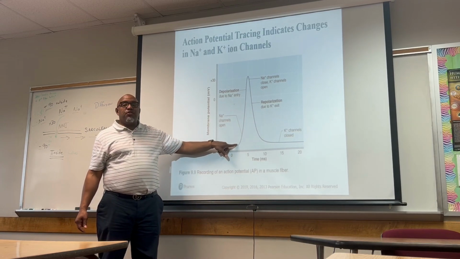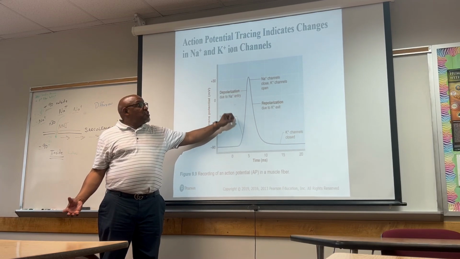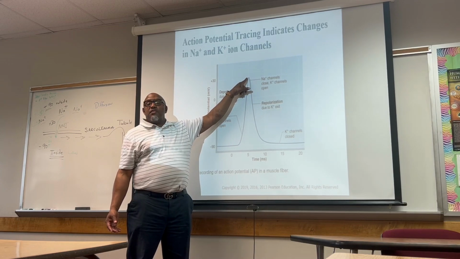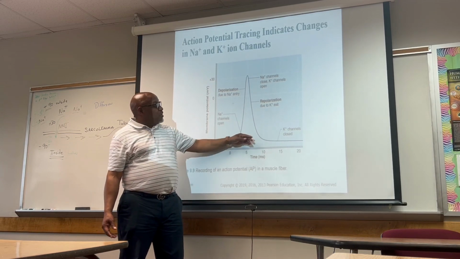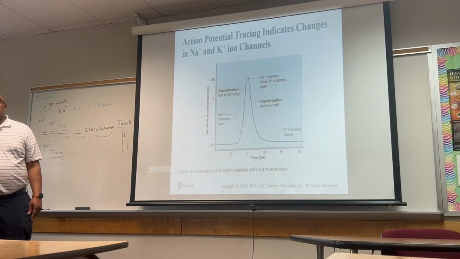Right here, you've got a few, then boom, all of them open. Sodium rushes in, which is why you get this sharp increase. Then the sodium channels close, and it's returning back to normal. And once it returns back to normal, then you can repeat the whole cycle of another muscle contraction.